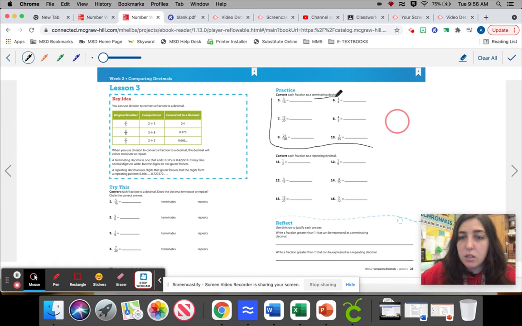So it tells us all these fractions are terminating decimals. So just put these in your calculator and write down the terminating decimal. And then in this section here, it's asking us to convert each fraction to a repeating decimal. So again, it's telling us these are all repeating decimals. So consider using that repeat bar, okay?